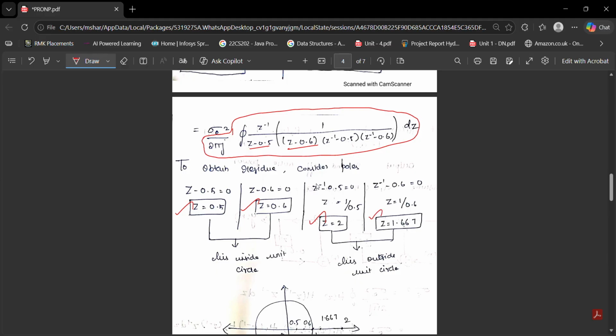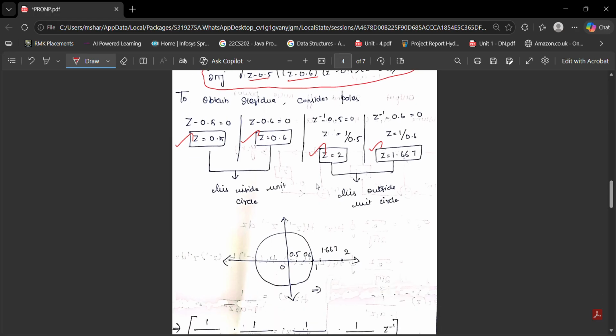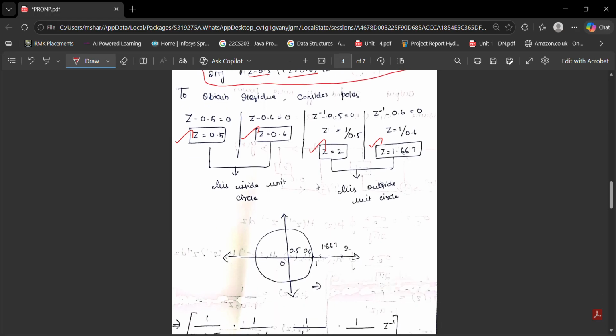the z value will be 1.667. Now, when you plot this, the unit circle ranges from 0 to 1. Only 0.5 and 0.6 will lie inside the unit circle. The 1.667 and 2 will lie outside the unit circle.